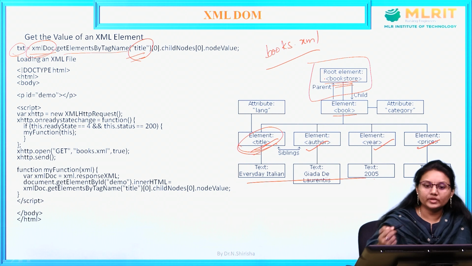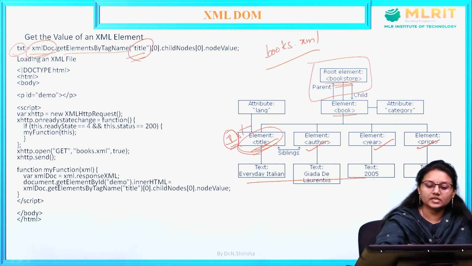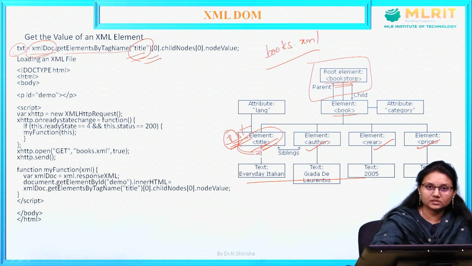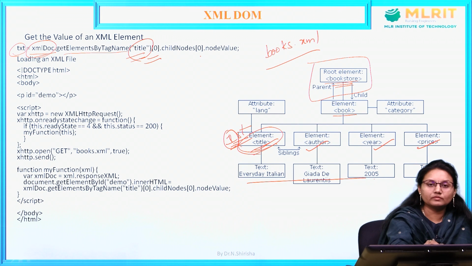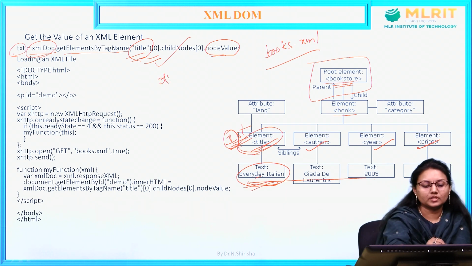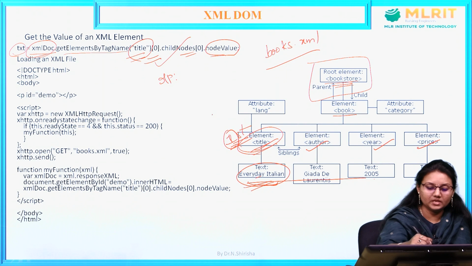When I wanted to retrieve my first title, what is the index I have to give for the first title? Obviously it is 0. This title is a child node, so childNodes[0].nodeValue. What is the value? Everyday Italian. What is the output for this? You will get Everyday Italian as the output.